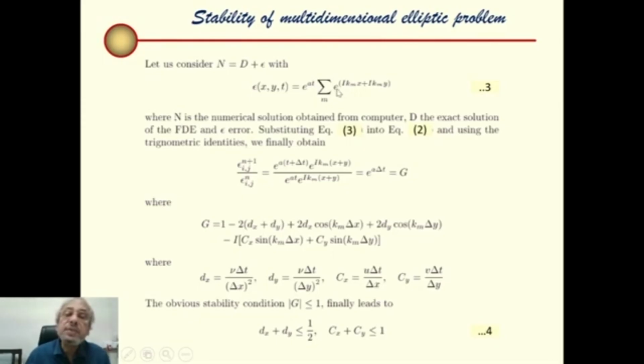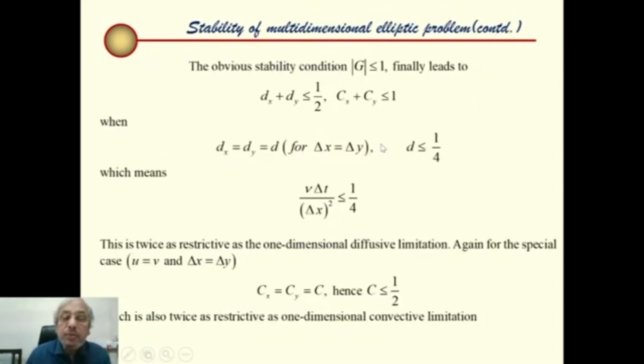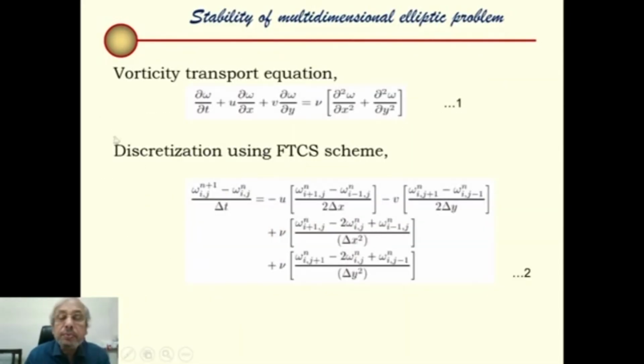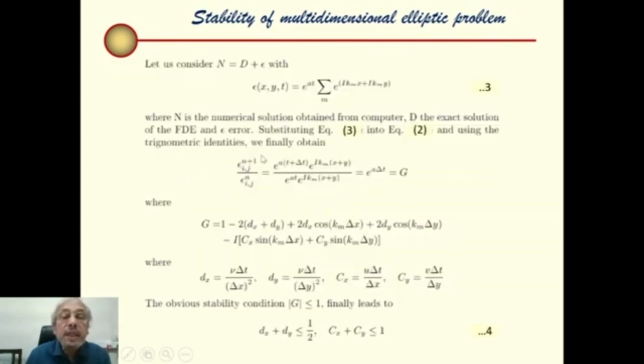This is substituted again in equation 3, and then you have to do a little bit of algebra after substitution, so that you can get an expression in epsilon ij at the n plus 1th level divided by epsilon ij at the nth level. Sorry, I have been mentioning this e to the power at, e to the power i km x plus y. This is the error quantity epsilon.